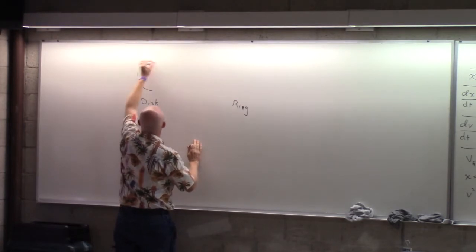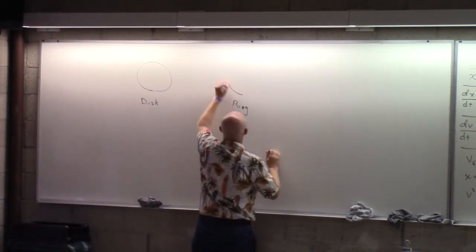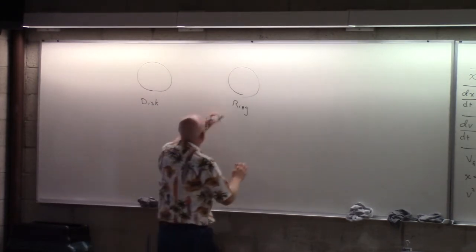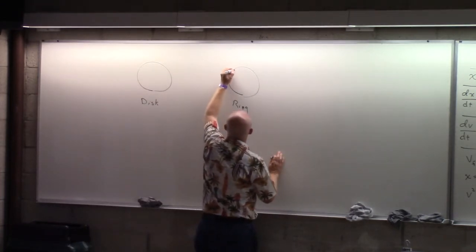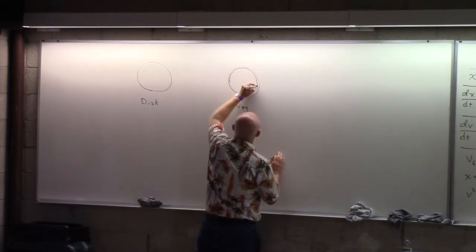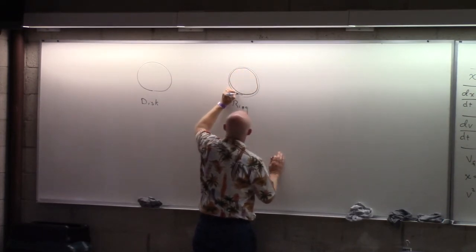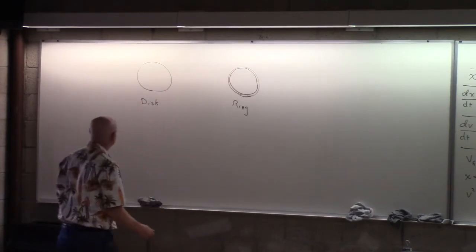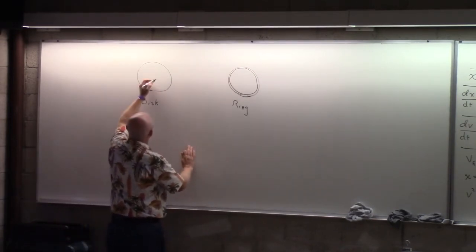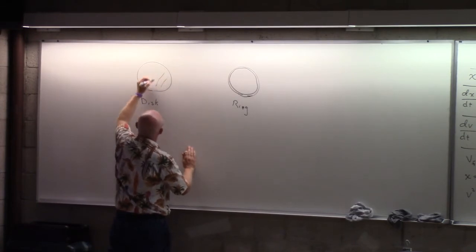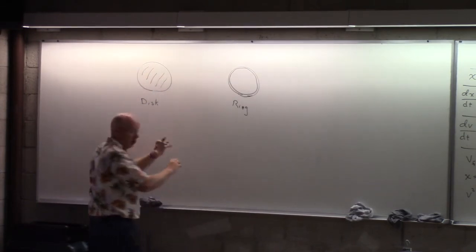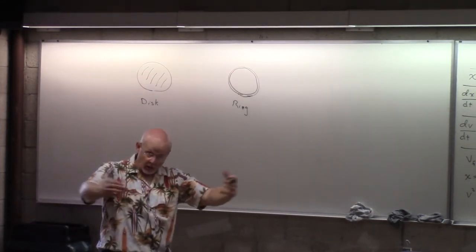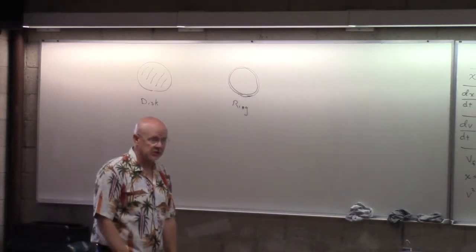The disk and ring look something like this. But the ring has all of its mass on its circumference, whereas the disk has its mass distributed out from the center all the way out to the circumference.